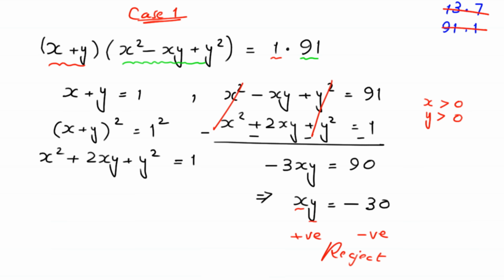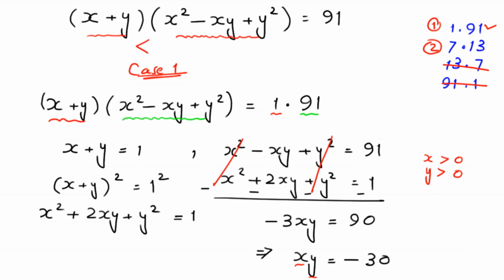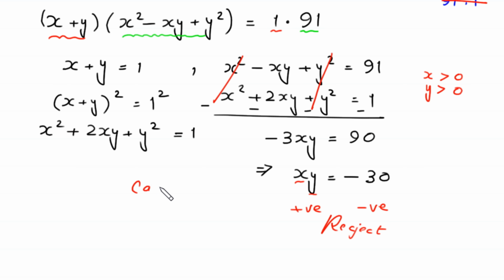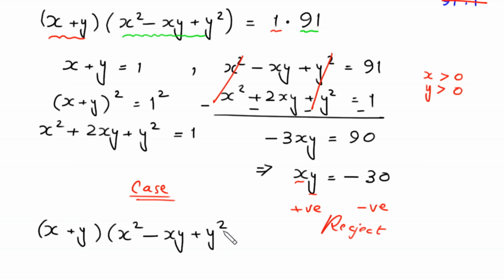Now we solve case 2, that is 7 times 13. In case 2, we write this expression (x plus y) times (x squared minus xy plus y squared) is equal to 7 times 13.